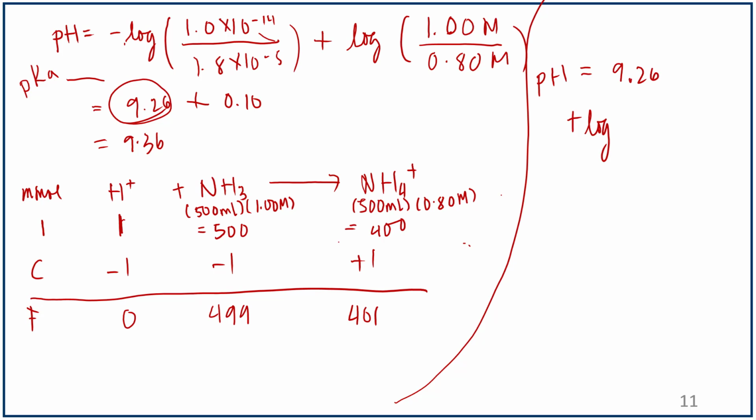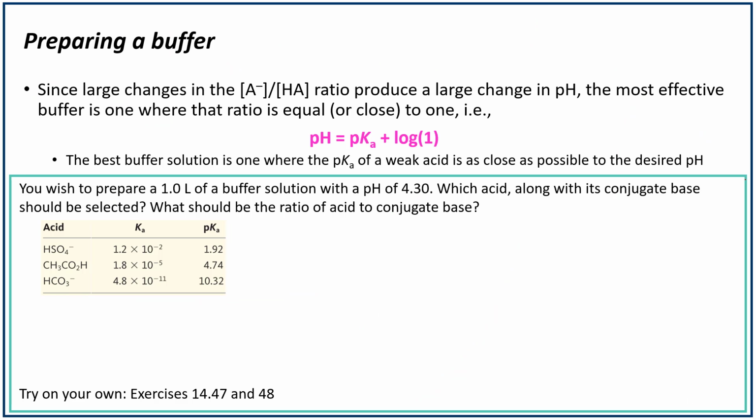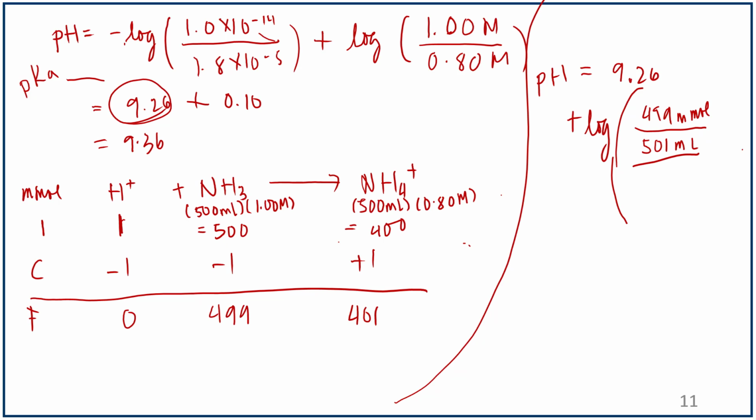So that's just going to be the concentration of the base, 499 millimoles divided by, now we have a total of 501 ml of solution, and then all over 401 millimoles divided by 501 ml.